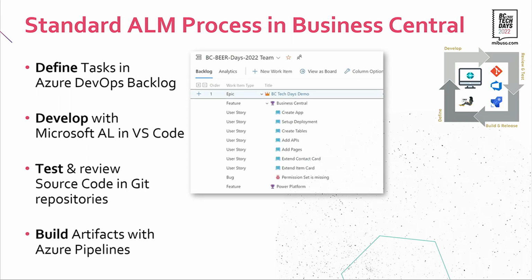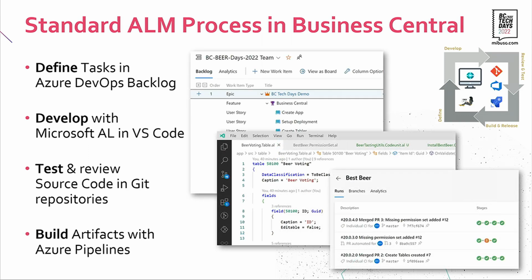Let's go on. How does a normal application lifecycle management process look in Business Central? You define your tasks. In my company, we use our company tooling, Alpaca. We set up everything, so we start in Azure DevOps boards. We define our backlog.